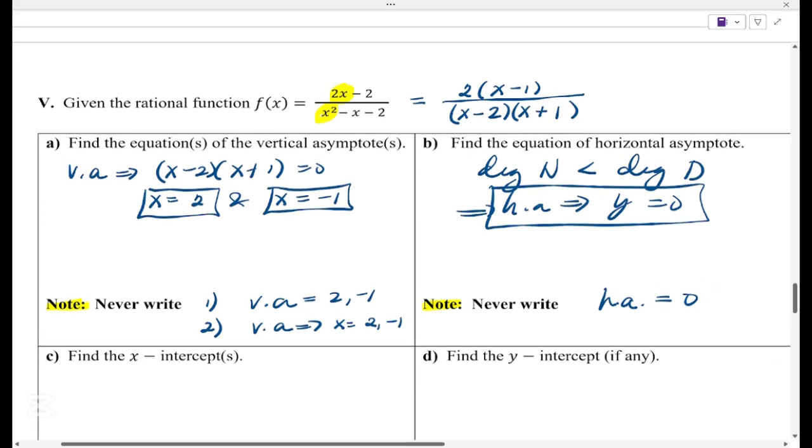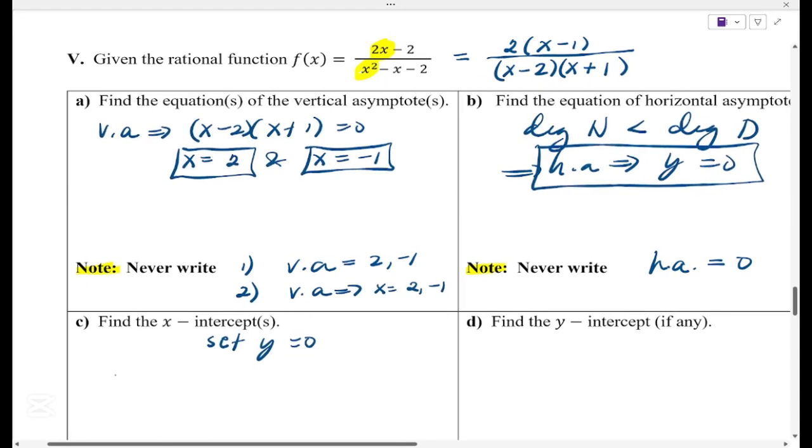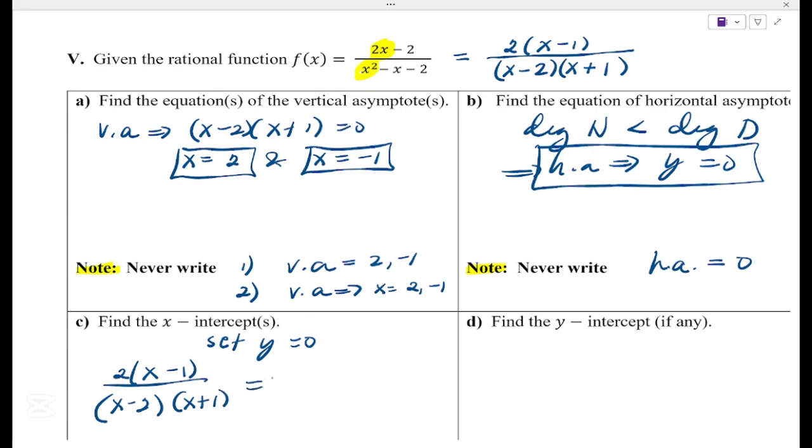Then for letter C, let's find the x-intercept. To find the x-intercept, we set y equal to 0. So 2 times x minus 1 divided by x minus 2 times x plus 1 is equal to 0.